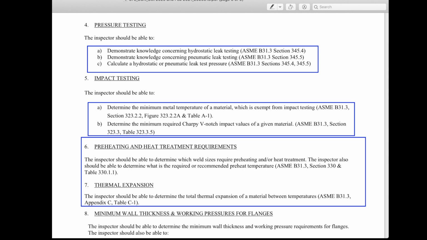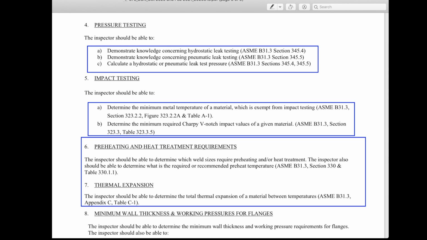And next is preheating and heat treatment requirements. The inspector should be able to determine which weld sizes require preheating or heat treatment. This is very important. And thermal expansion: the inspector should be able to determine the total thermal expansion of material between temperatures. This is in Appendix C, Table C1.